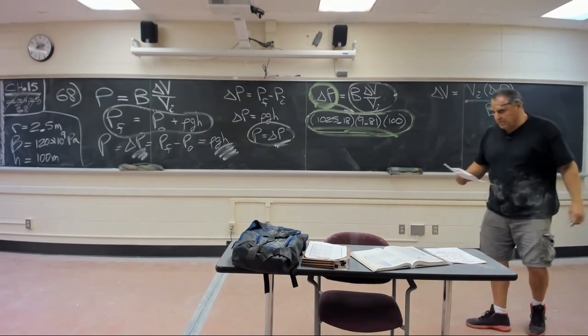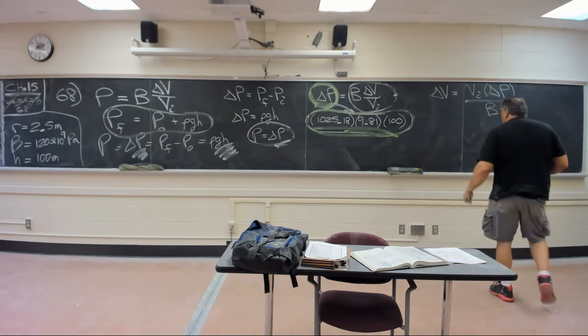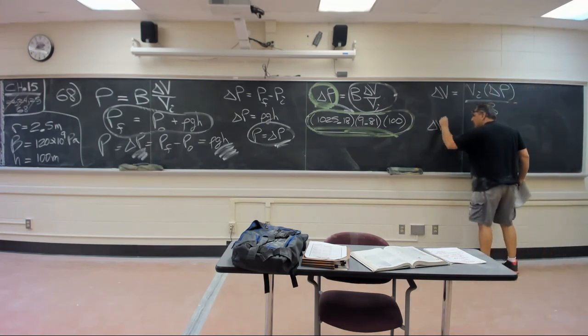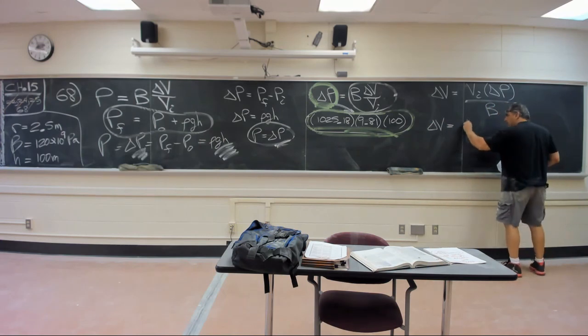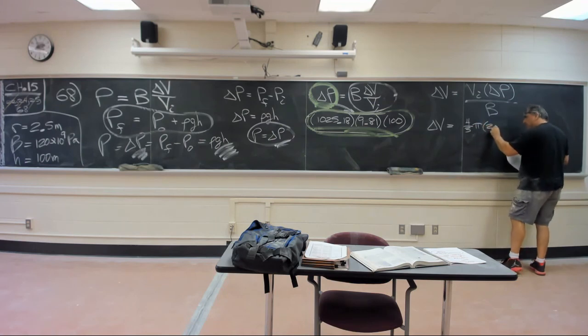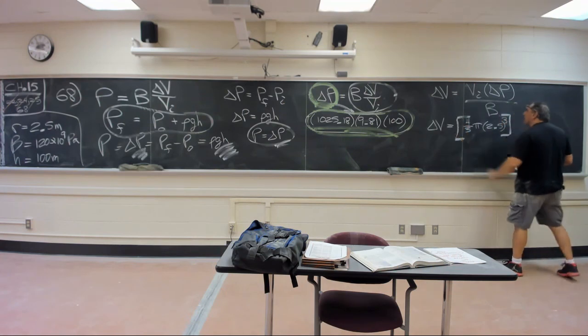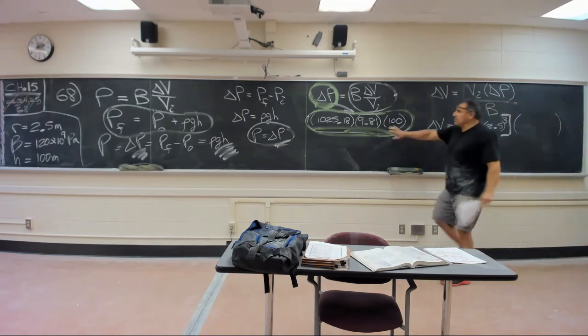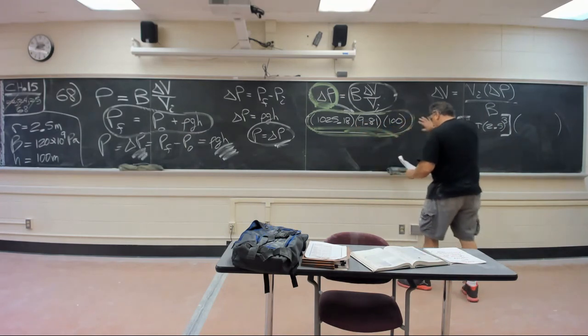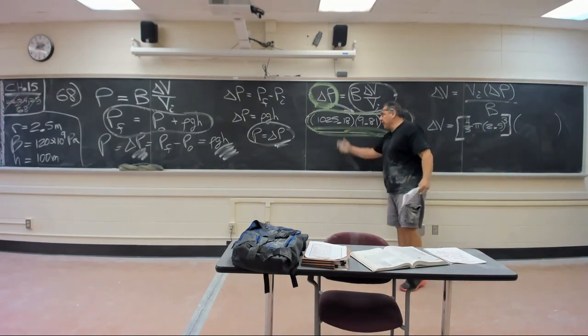That's it. Vi is 4/3 pi r cubed, times delta P. We did that song and dance here. We didn't fully do it, but we know what it is. Let's fully do it now.